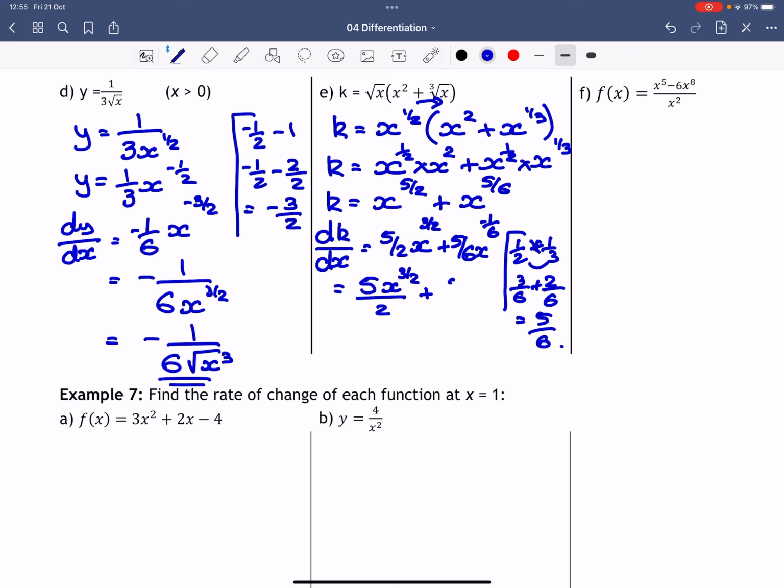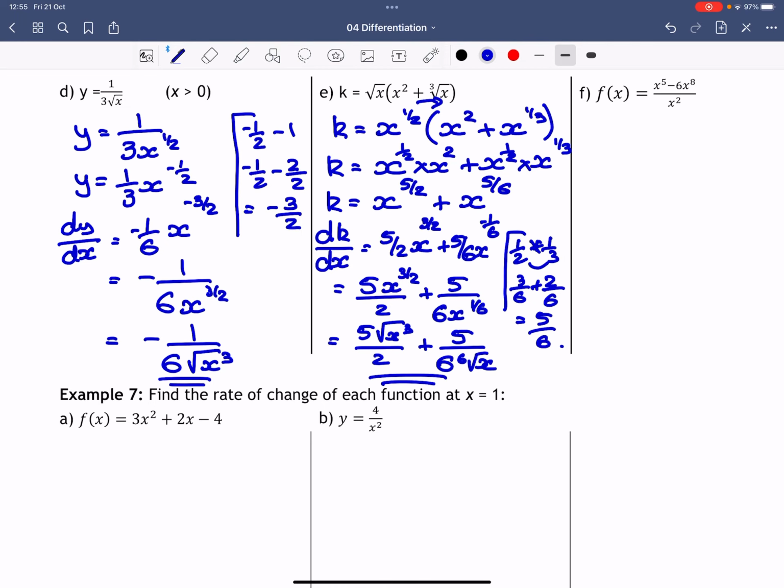So that'll be plus 5 over 6x to the power a sixth. Put the roots back in place. So I get 5 times the square root of x cubed over 2 plus 5 over 6 times the sixth root of x. Okay?